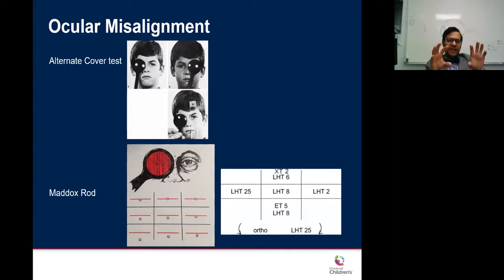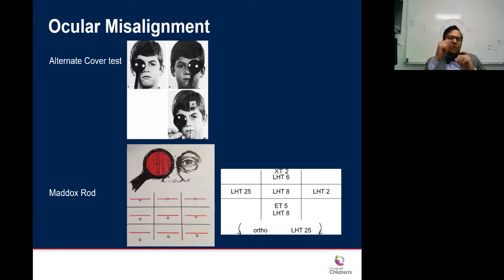An eye that's deviated inward, you know that corneal reflex is going to be out laterally, or temporally, okay. And then that's an ET. An eye that's XT obviously will be more nasal, and the other eye that's fixating on it will be right in the center. Okay, so that's how you can tell about the misalignment.